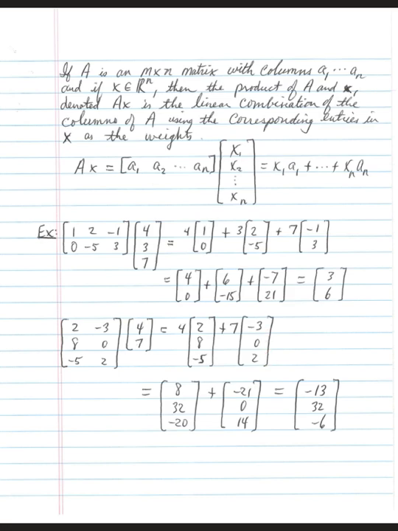Multiplying using your scalar product, that's (8, 32, -20). 7 times these three values is (-21, 0, 14). After the multiplication's done, you add based on location: 8 plus -21, 32 plus 0, and -20 plus 14 to get your result.